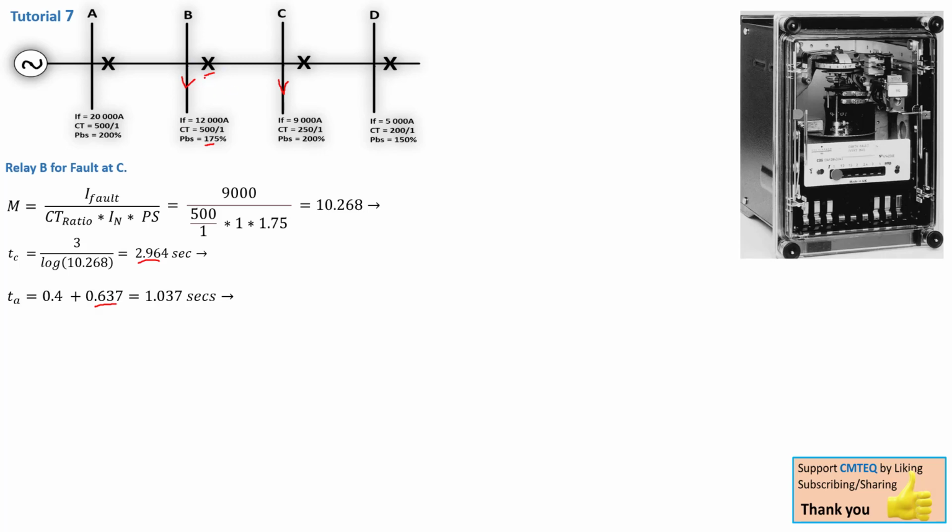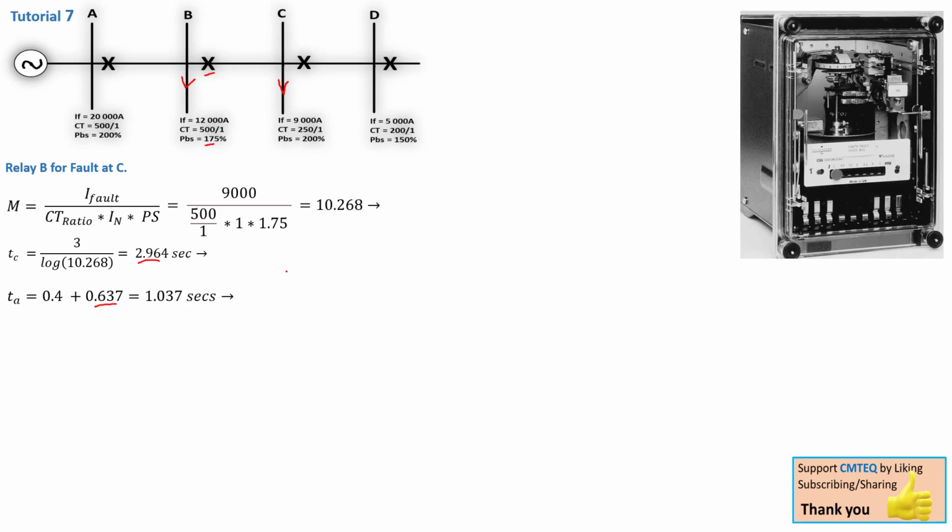Remember, these relays must discriminate between the fault and one another. So it's taking account of two things, the fault and the other relay as well, because they must never trip at the same time.